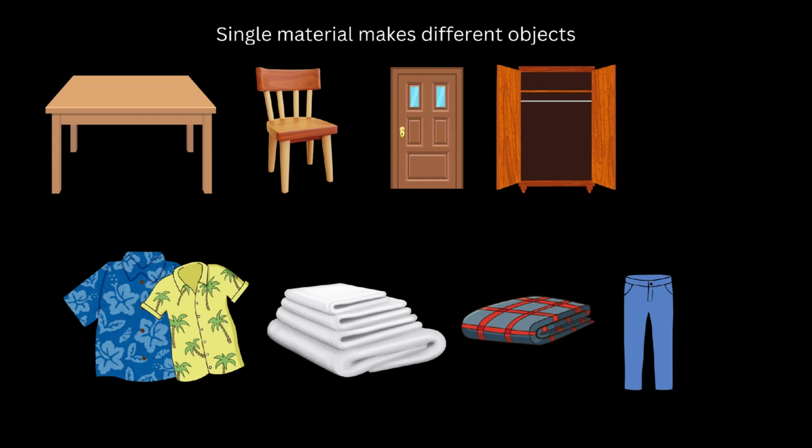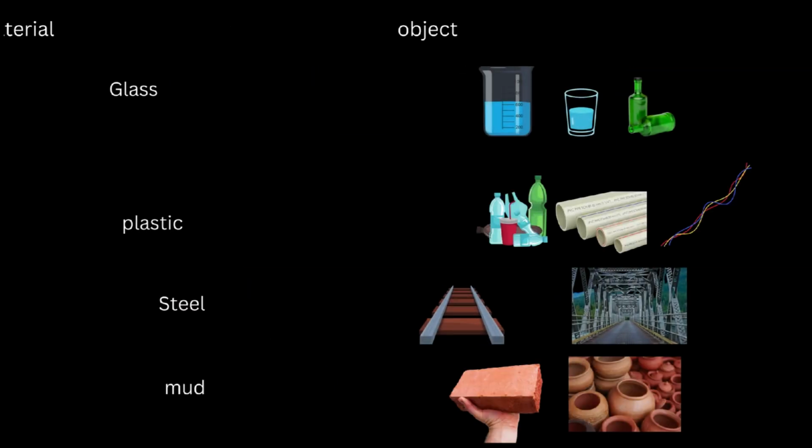So, there are a few more examples. Here are some materials and the objects made from those materials. Glass, only one single material is used to make beaker, glass and bottle. Plastic, one single material is used to make different objects like bottles, pipes and wires.